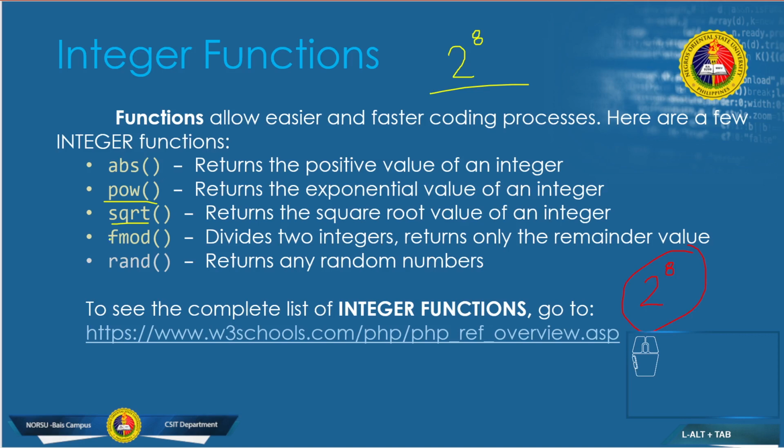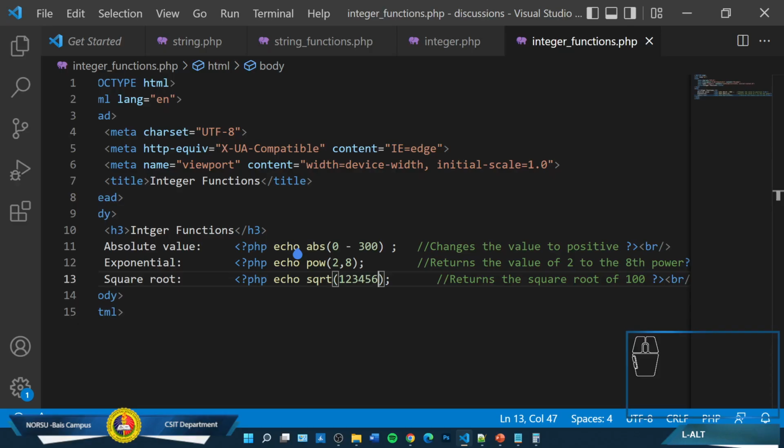And then we have fmod. It divides two integers and returns only the remainder value. It's called modulo. You can remember modulo, guys, from C++. So what is the modulo, or the remainder, of 8 divided by 3? Anyone?